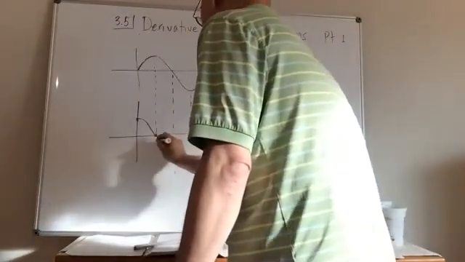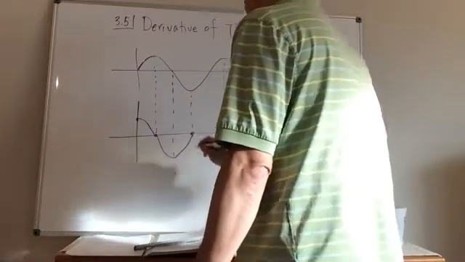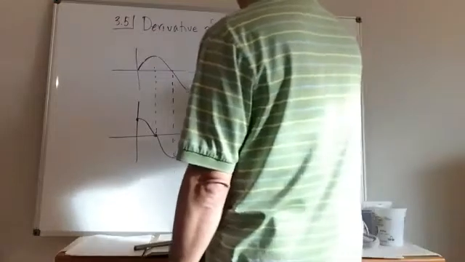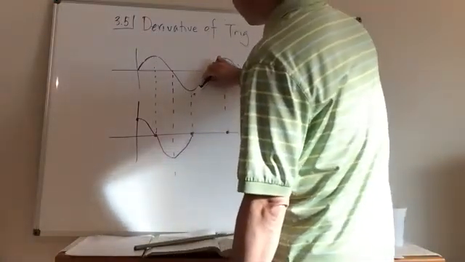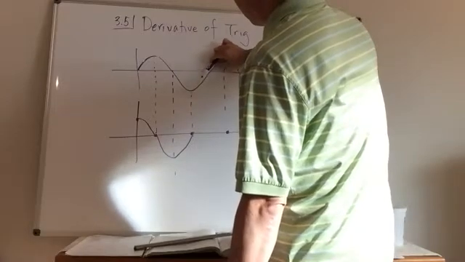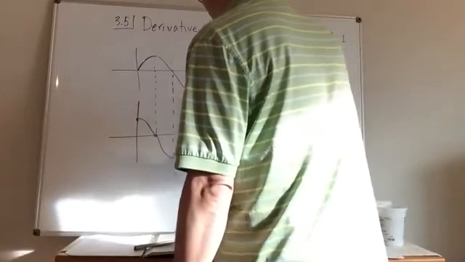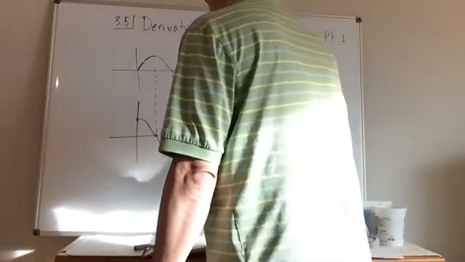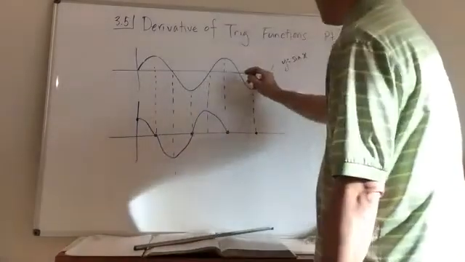Same thing here. Now we're going to go slightly positive, positive, positive, and then peak up here, and then go less positive, less positive to 0. Same thing here.